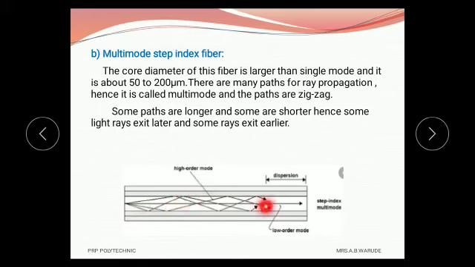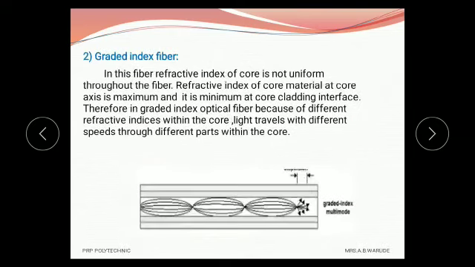When we observe that, it looks like a zigzag path. That path is zigzag because some paths are longer and some are shorter, and hence some light rays exit later and some exit earlier. This is called multi-mode step index optical fiber.